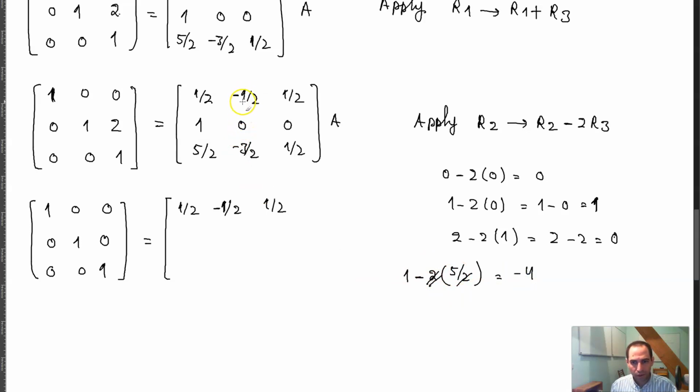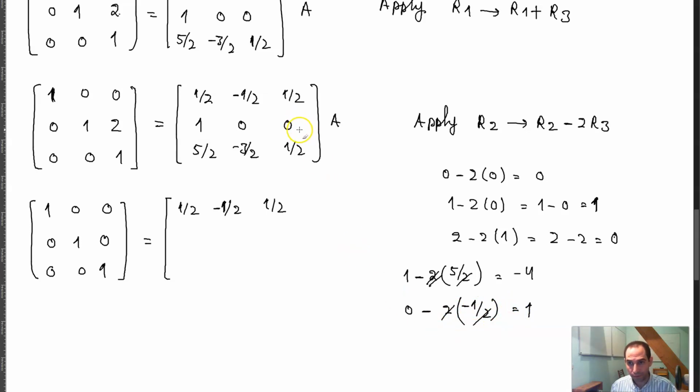And you have 0 minus 2 times 1 half, 2 times negative 1 half. So that is positive 1.